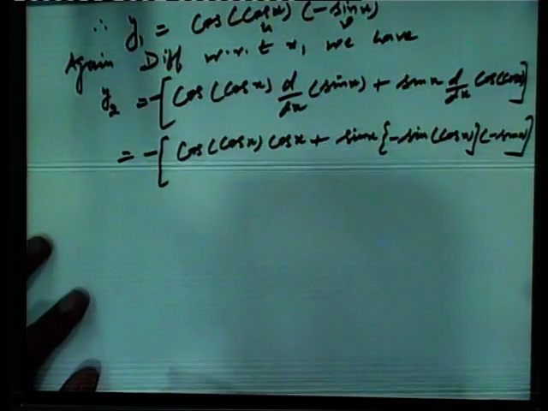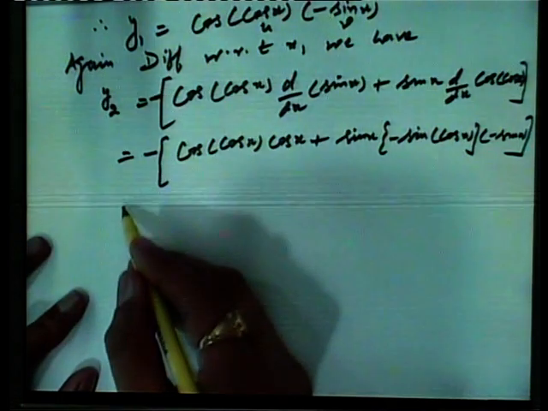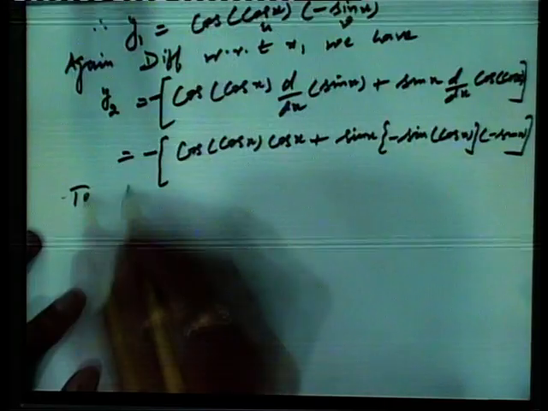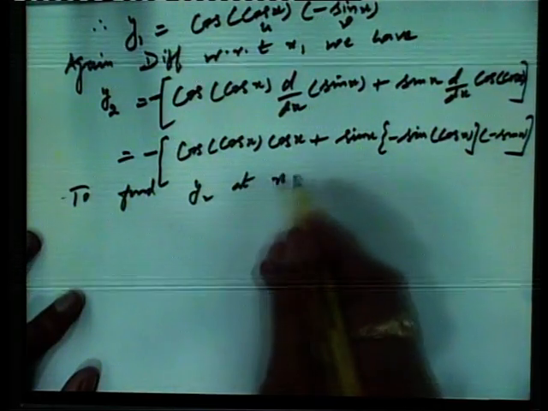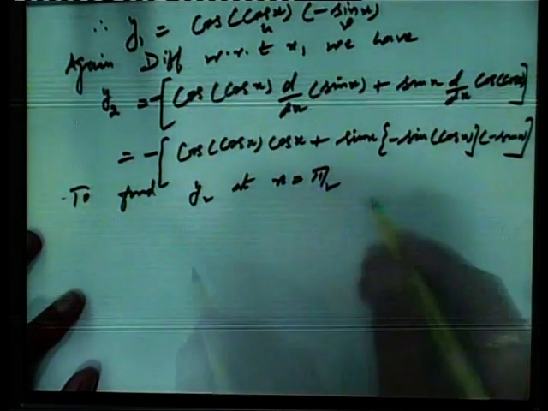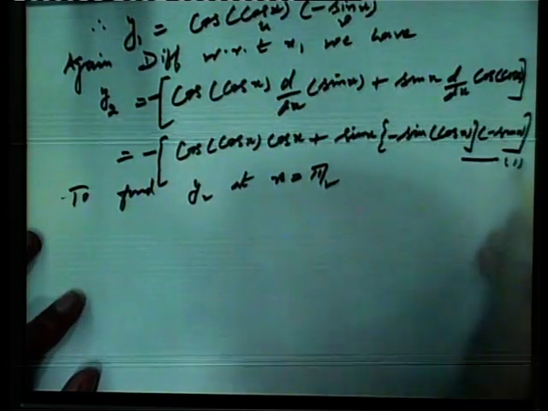So, you see that we apply u into v formula. Now, we want to find y2 at x equal to pi by 2. We put x is equal to pi by 2 in equation number 1.